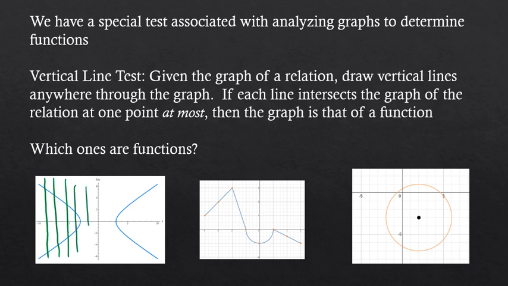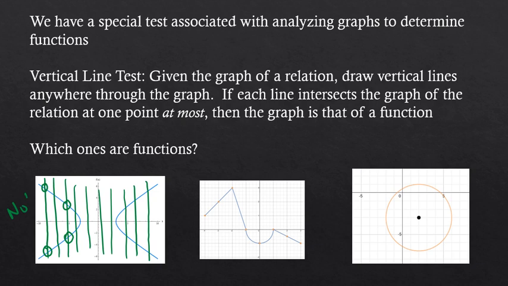We can keep drawing lines here, but we have already shown many cases where we have a vertical line that is intersecting the blue curve in more than one point. There and there, there and there. There's many vertical lines that would intersect the blue curve in more than one place. Therefore, this guy is not the graph of a function.